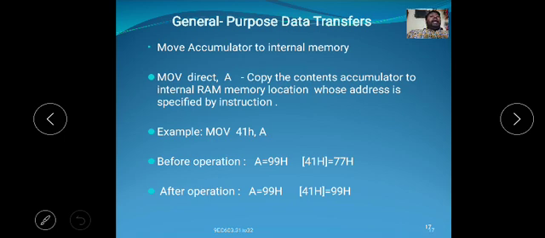Example, MOV 41H, A. Before operation, A is equal to 99H and 41H is equal to 77. After operation, A is equal to 99 and 41H is equal to 99.